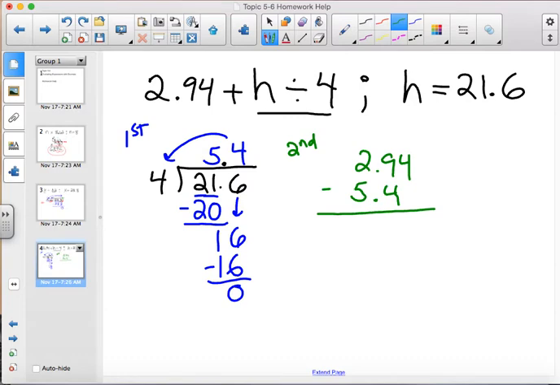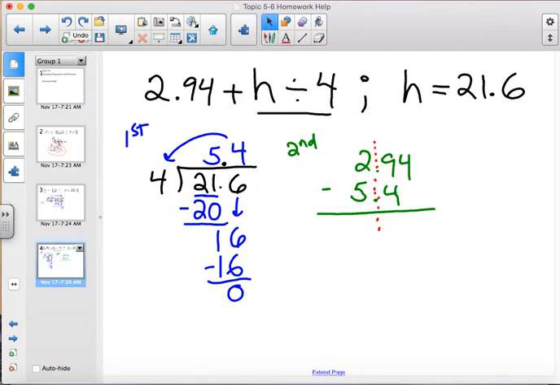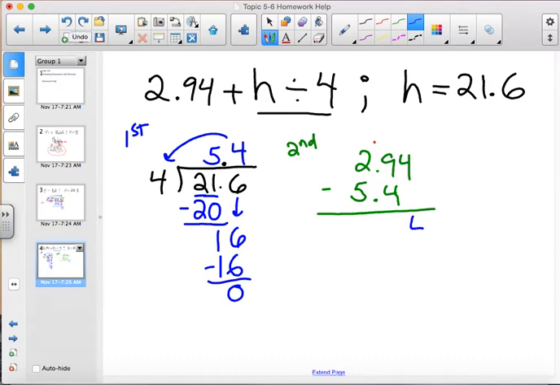Notice how I had to line up my decimal points because it's adding of decimals. So now we can simply add up our numbers, and we get 4.